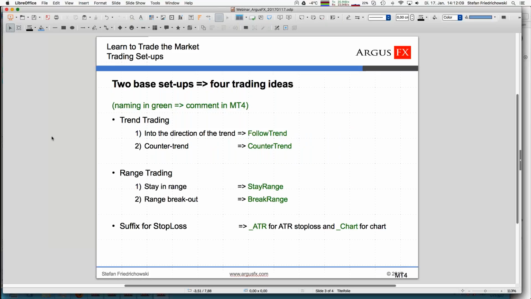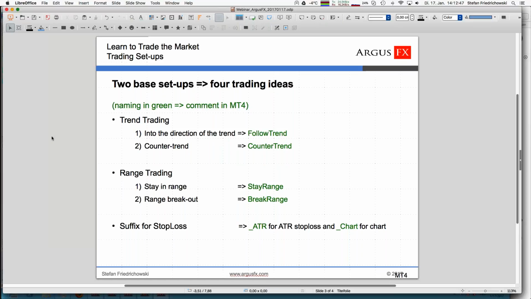And the slide is identical to the one I mentioned last week, but you see some changes in green, and those changes in green will help us to set comments later in MT4 for individual trades, because I want to label every trade with a specific name, and in order to have always the same kind of naming to later, for example, sort my trades along those different categories.